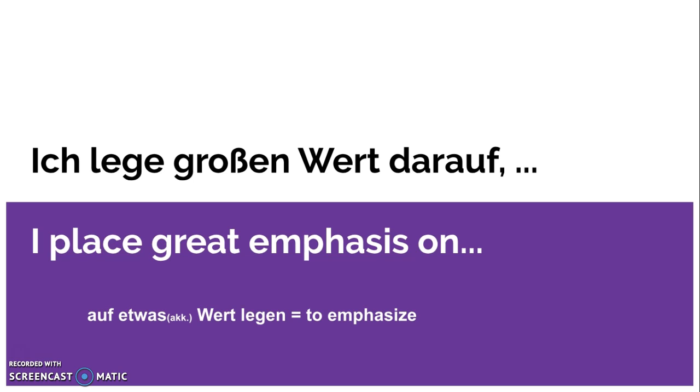And the something would be accusative. So you could say, ich lege Wert auf meine Noten. Alright, so placing great emphasis on, or placing emphasis on, or emphasizing, in that case, your grades. Depends on what you're saying, but make sure that whatever you're emphasizing is in the accusative case.